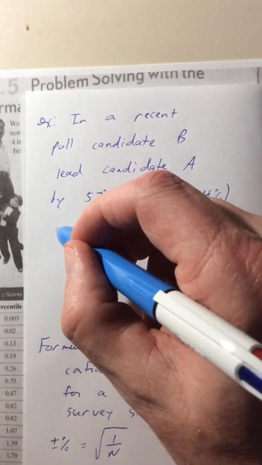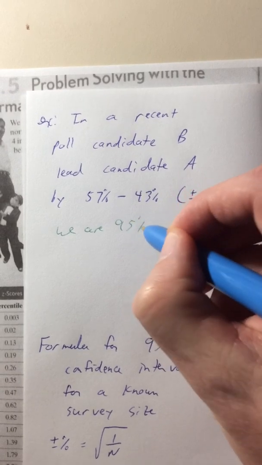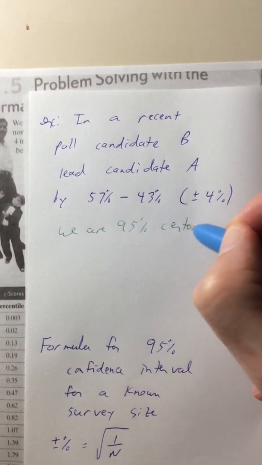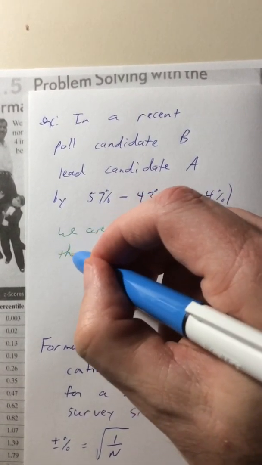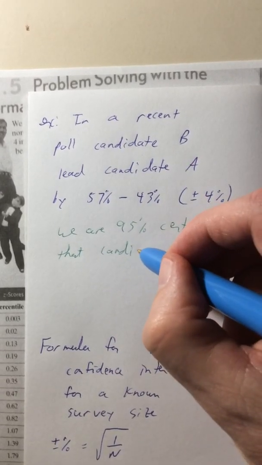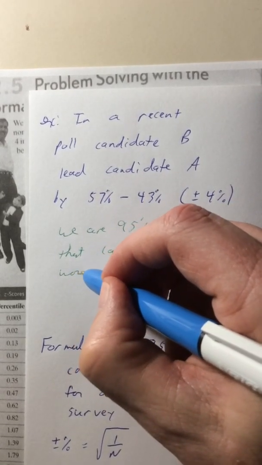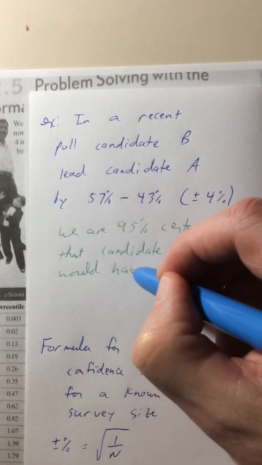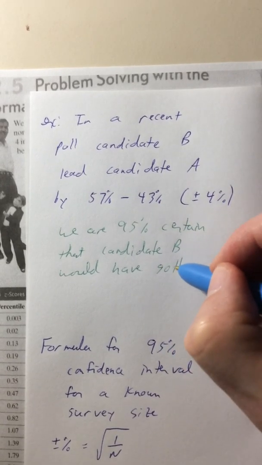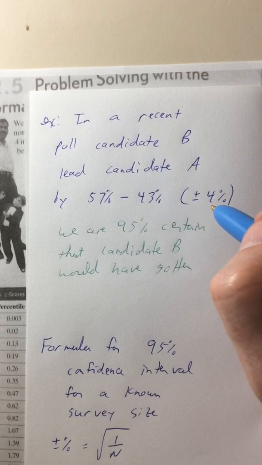Okay, so what we want to say then is that candidate B would have gotten... what we're going to say here is, we are 95% certain that candidate B would have gotten 57% plus or minus 4.